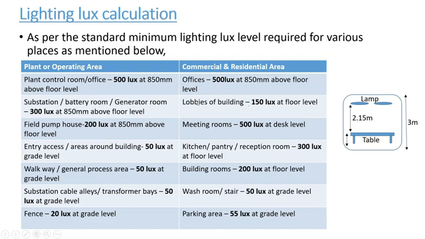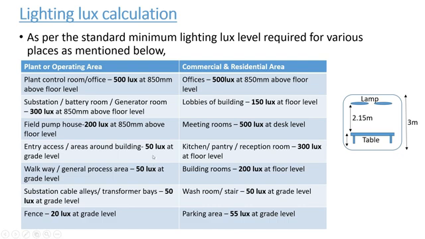Similarly, for commercial areas, lobbies or waiting rooms of buildings, only 150 lux at floor level is required. It means the lamp should produce a lux level of 150 reaching the floor level. Third, a field pump house, which is a field area lighting system, requires 200 lux at 850 mm above floor level. Similarly, a commercial building meeting room needs 500 lux at desk level. Like that, for each location they give how much lux level is required.